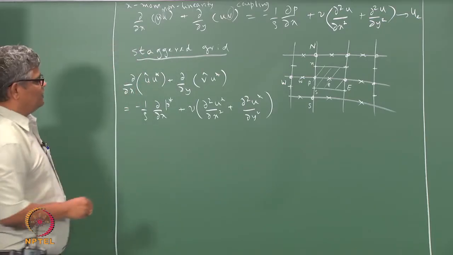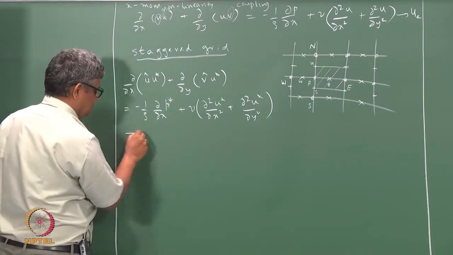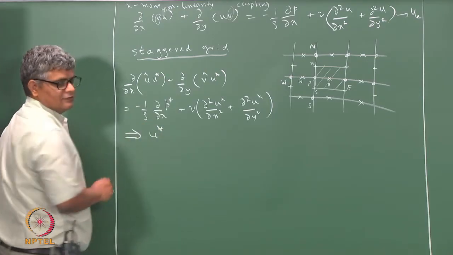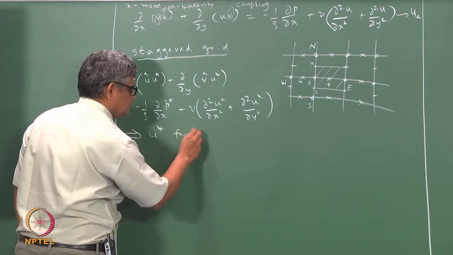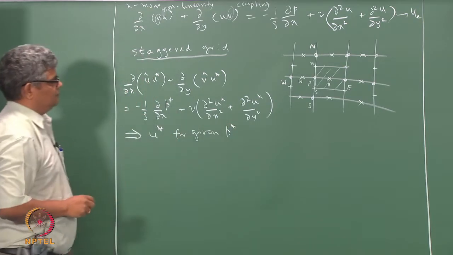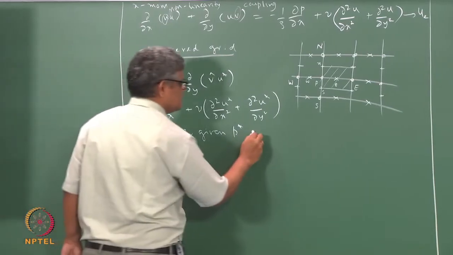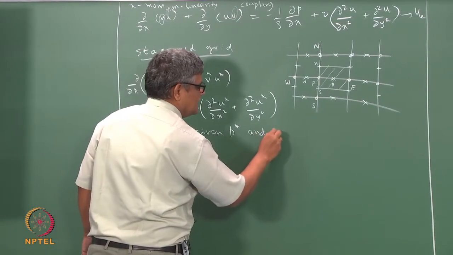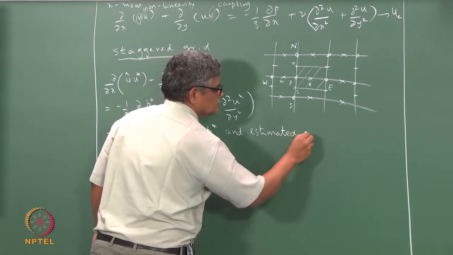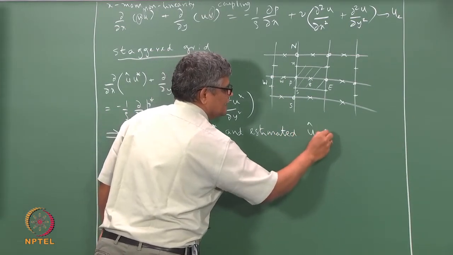To emphasize the point that we would like to get u star from this for given p star and estimated u hat and v hat.